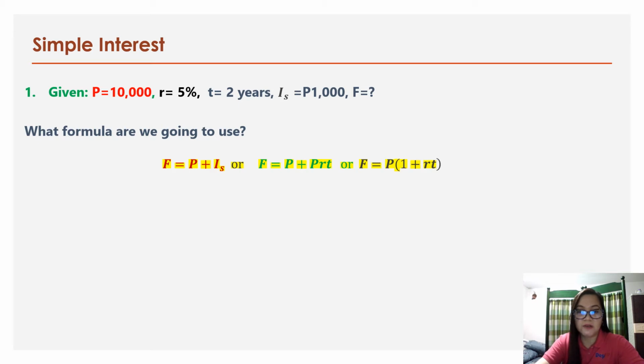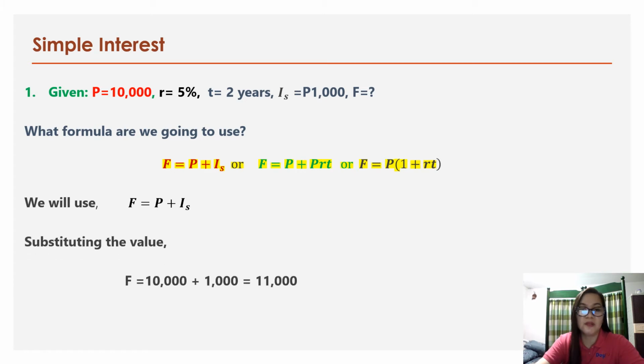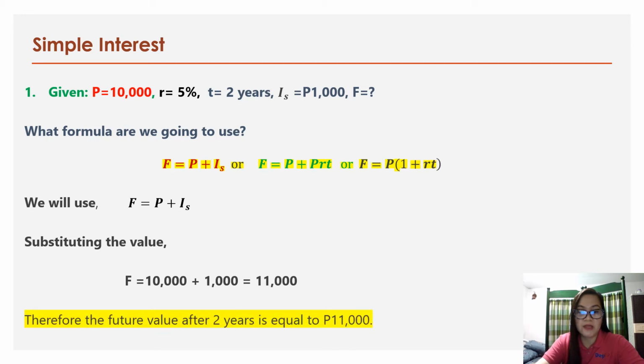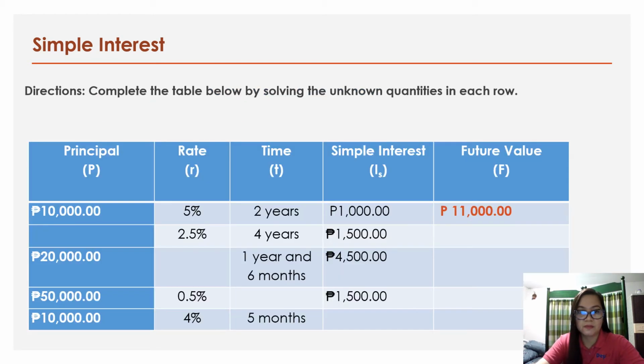Or we can also use F is equal to P times the quantity 1 plus RT. So any of them can be used. But we will use F is equal to P plus I sub s, because this is the easiest one. Substituting the value, we have F is equal to 10,000 plus 1,000, that will be equal to 11,000. Therefore, the future value after 2 years is equal to 11,000 pesos.